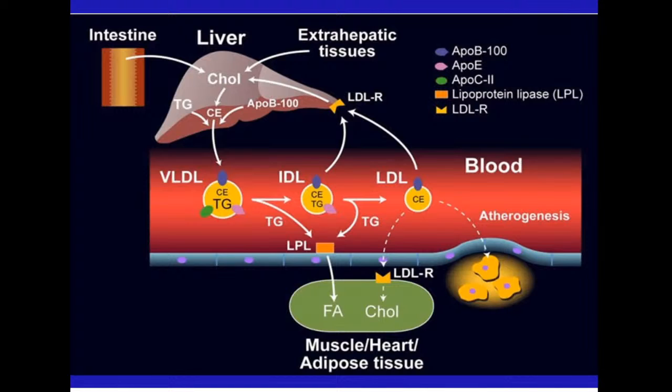Then modified lipids are recognized by these receptors, and they start to bring more and more lipids to the plaque, because modified lipoproteins stop being recognized by the normal receptors, and the normal pathway of lipoprotein metabolism will be disordered.